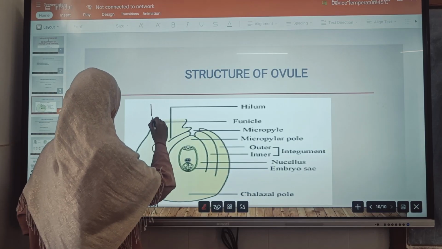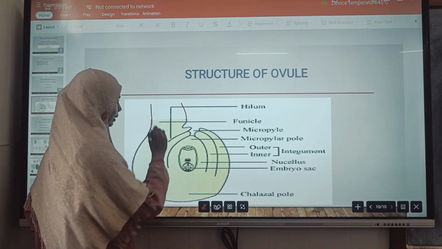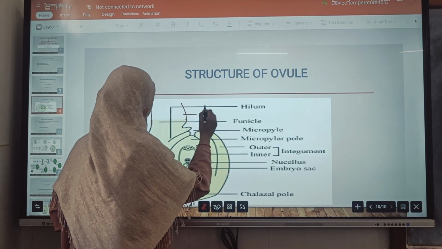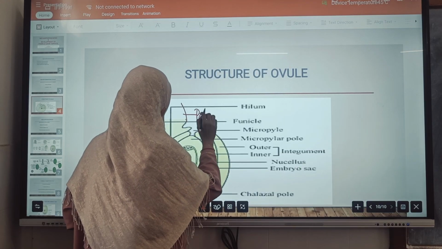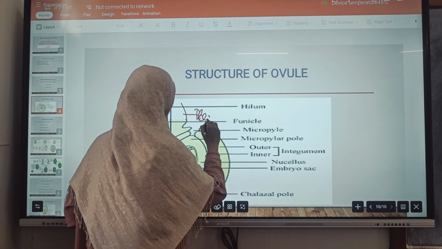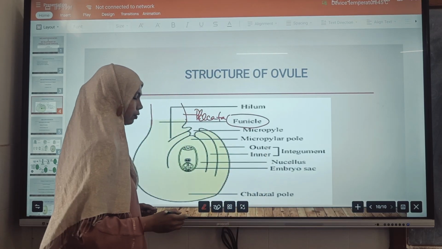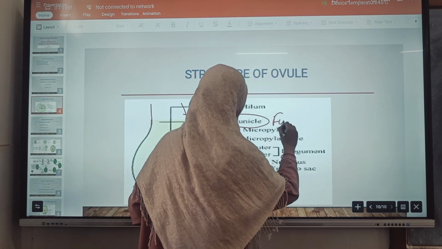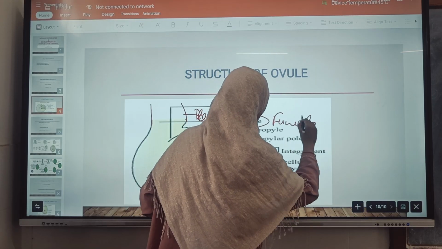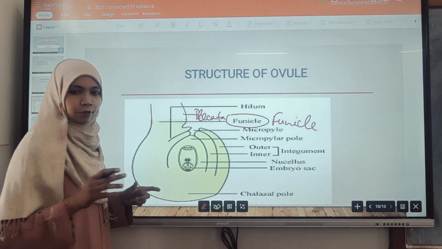This stalk-like cylindrical structure from which an ovule is attached with the placenta is called funicle. So what is funicle? Funicle is the structure from which an ovule is attached with the placenta.